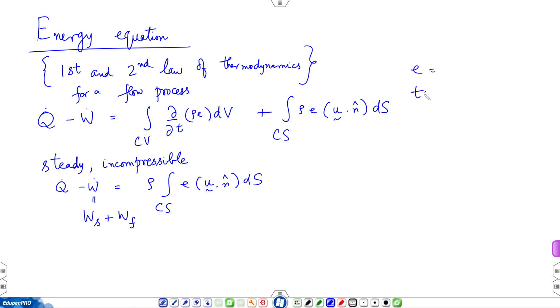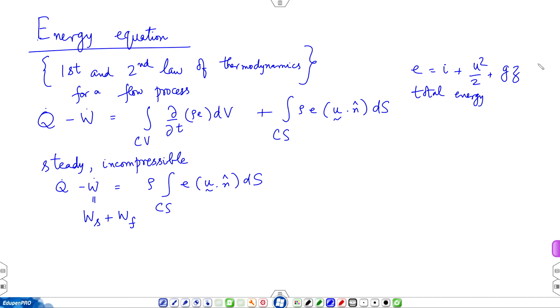E is called total energy, which has a thermal component, a kinetic energy component and a potential energy component, which in our discussion will be gravitational. So, as you go further up in the subject, you can deal with electric fields, chemical potential and so on. All of them can be added to small e, total energy.